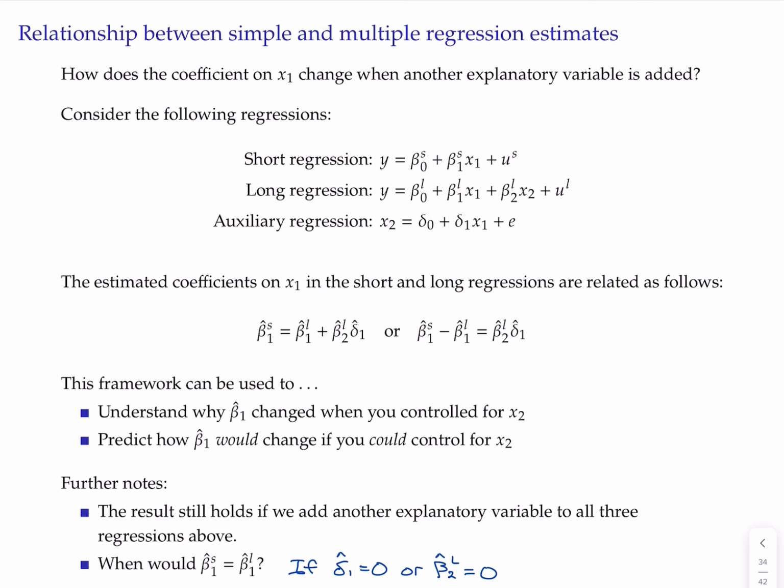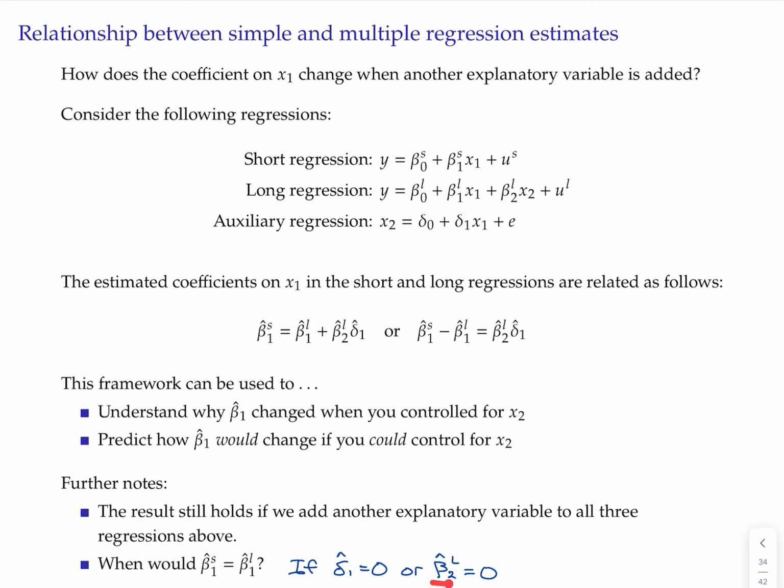Let's try to put that into intuitive terms. This being 0 means you regress the new variable on the existing variable and the slope is 0. So this is the case where the variable you add to the regression, like education, isn't correlated with the existing variable, the rural indicator, for example. In that case, you can control for the new variable, but it won't change the coefficient on the existing variable.